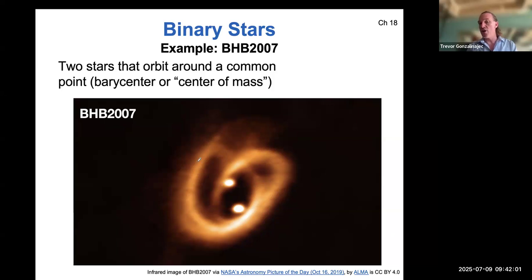So maybe these are young stars, and this is the protoplanetary disk, the early stage of a solar system or star system or planetary system, which they're often called. Like when we talked about planetesimals, before the planets were fully formed. What's happening here is that it's really highlighting the fact that these stars are in this swirling motion with each other.